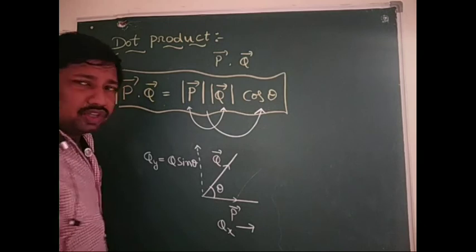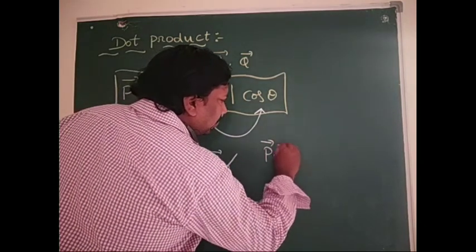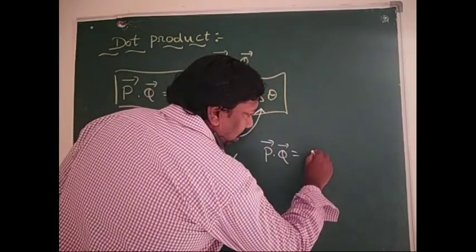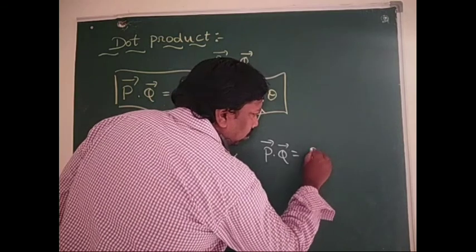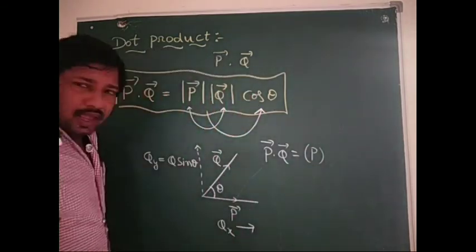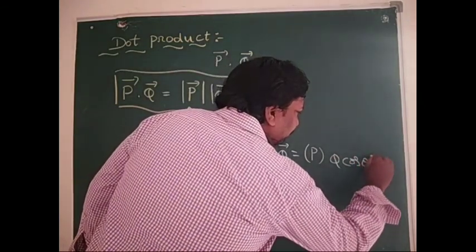In this situation, the dot product of p bar and q bar is equal to the product of the magnitudes of the two vectors, p and q cos theta.